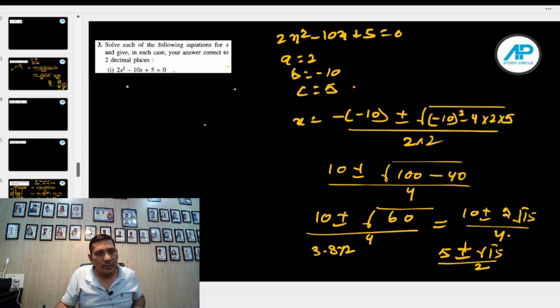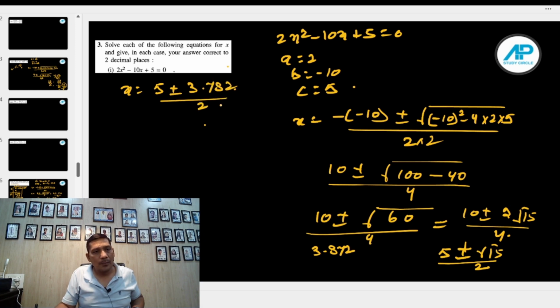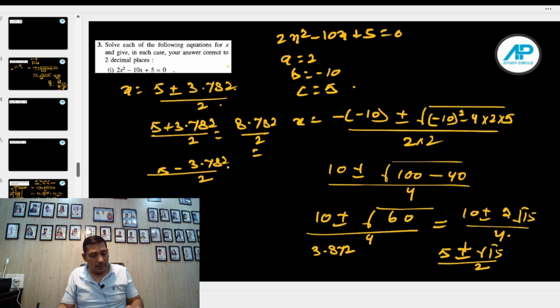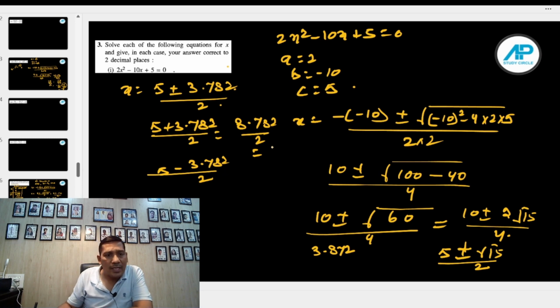And I got the value as x equals 5 plus minus 3.872 upon 2. 5 plus 3.872 upon 2 and 5 minus 3.872 upon 2. It is 8.872 upon 2. I am not removing the decimal number till here, right? So that I got the answer 4.436. That gives me 4.4.